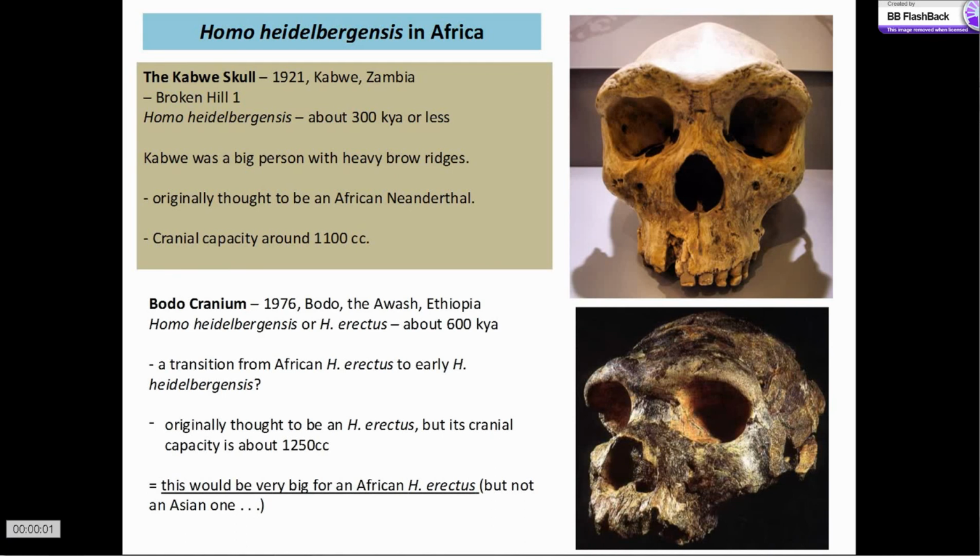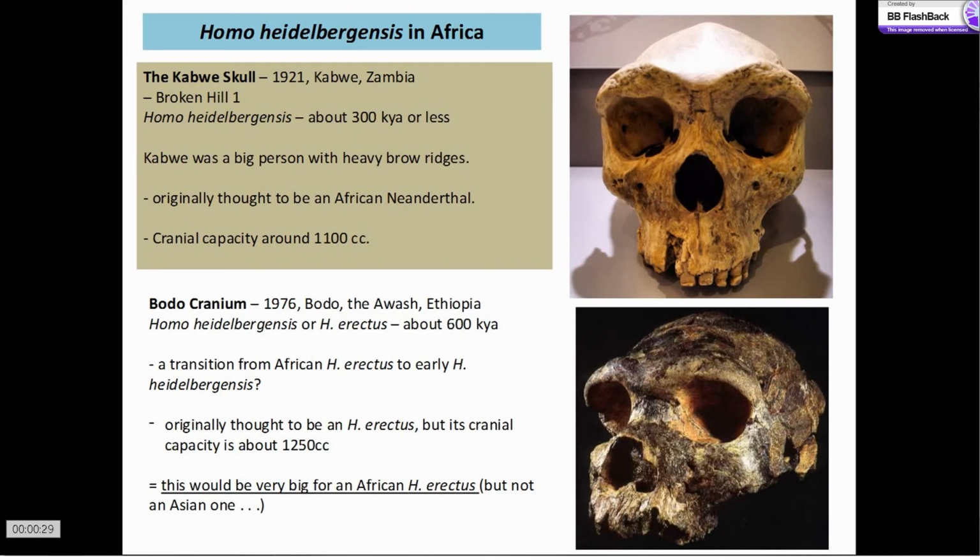Here's another African heidelbergensis. This is Bodo, found in Ethiopia. This one's very old, dated to 600,000 years ago. And what makes him interesting is that he could be a transition from ergaster, or erectus in Africa. Excuse me. Oh, geez, how embarrassing. He could be a transition from the erectus/ergaster population in Africa onto heidelbergensis.